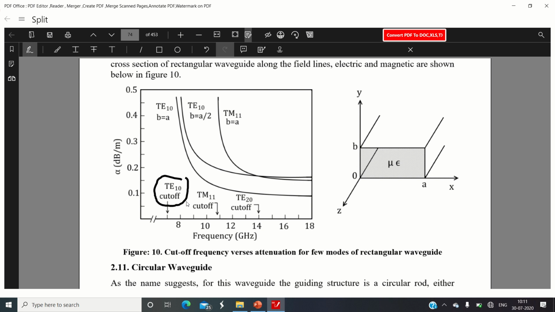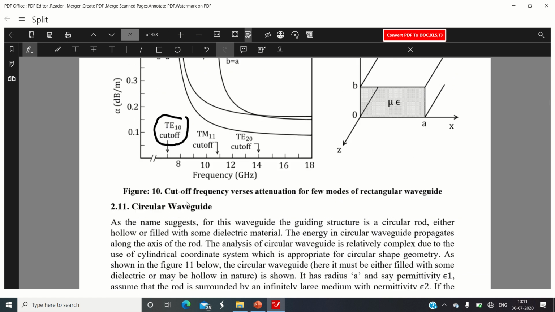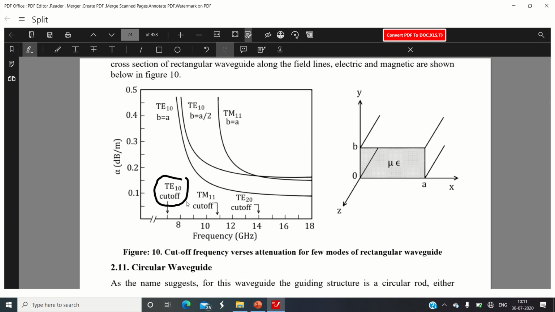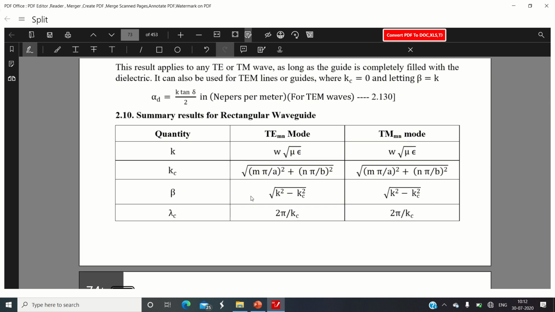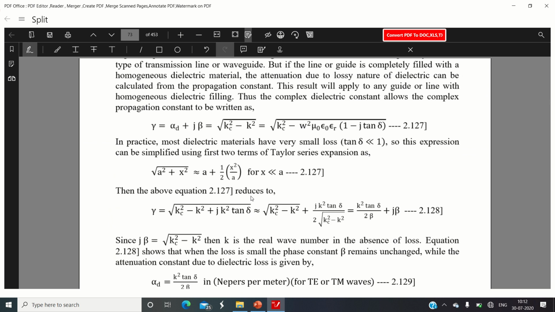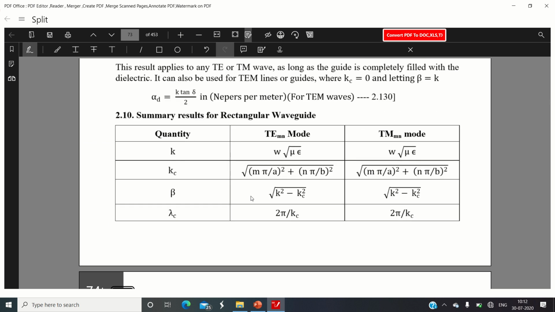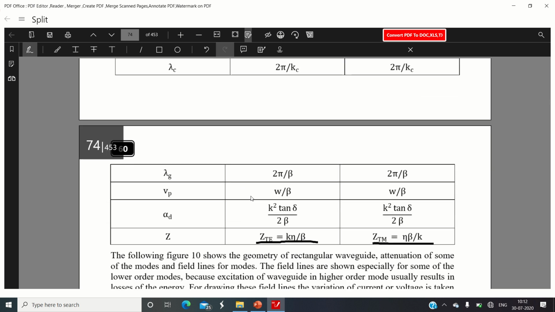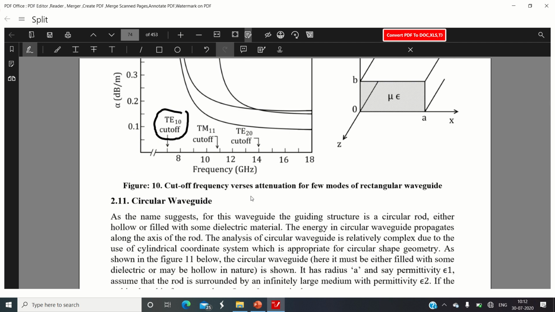operating mode, right? So here is a discussion of all the field components of TE mode and TM mode of a rectangular waveguide, and we saw the definition of the cutoff wave number, the cutoff frequency, the cutoff wavelength, then the propagation constant, then the phase shift constant, impedance, and all those things.